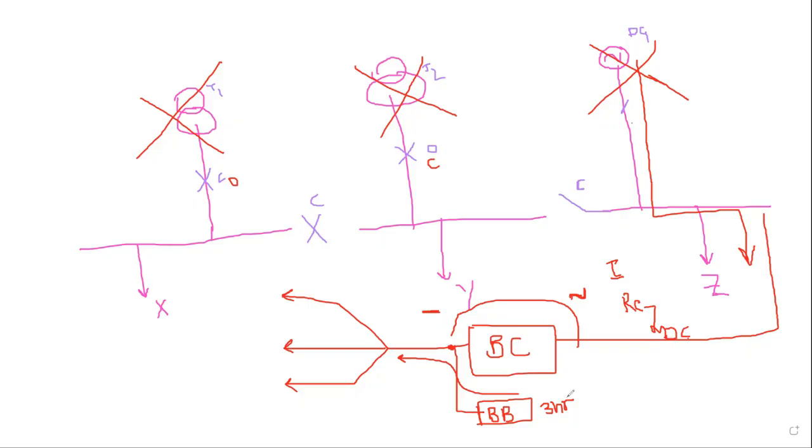So this is the setup. Generally, what the developers will do is run both transformers in parallel, and they will open this one. So this transformer is feeding all the loads, and this transformer is feeding Y plus Z loads. This transformer is feeding only X loads. Suppose any one of the transformers has failed, then this will be closed and this will be open. In that case, the scheme will work.